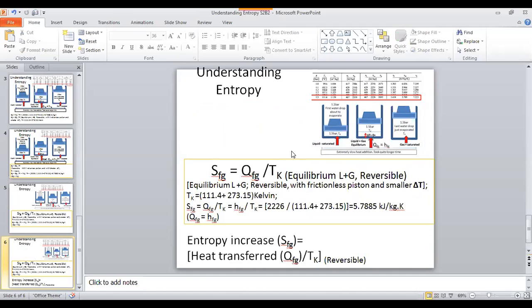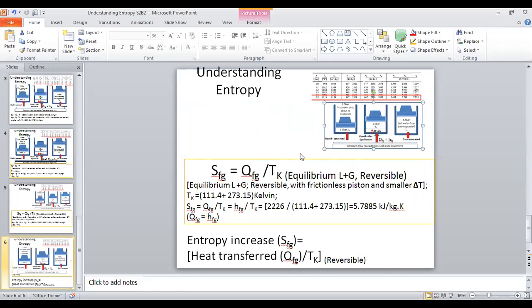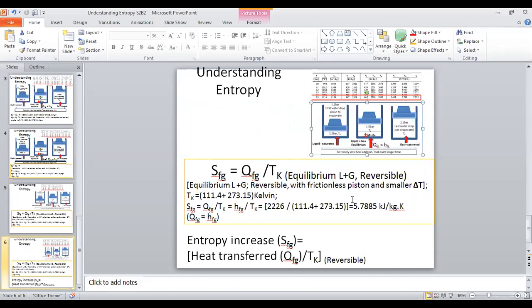That's why reversibility means once you reverse the process, here the heat addition, so now the heat goes outward from the system, the volume becomes reduced, the gas turns into water droplets, the piston moves down and the pressure remains the same at 1.5. So the point here is reversibility.